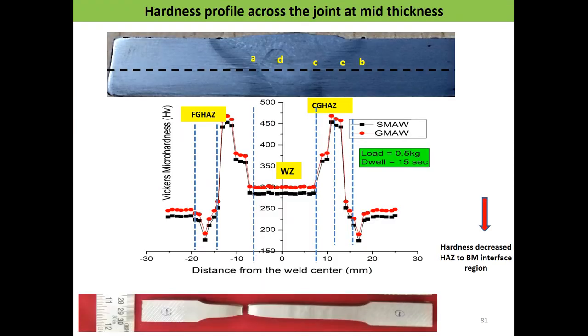Hardness has been measured across the joint at mid thickness. Here you could see the SMAW joint hardness is comparatively lower than the GMAW process, where the weld metal, the fusion zone, shows the lowest hardness, then the finer grain HAZ and the coarser grain HAZ on both sides.